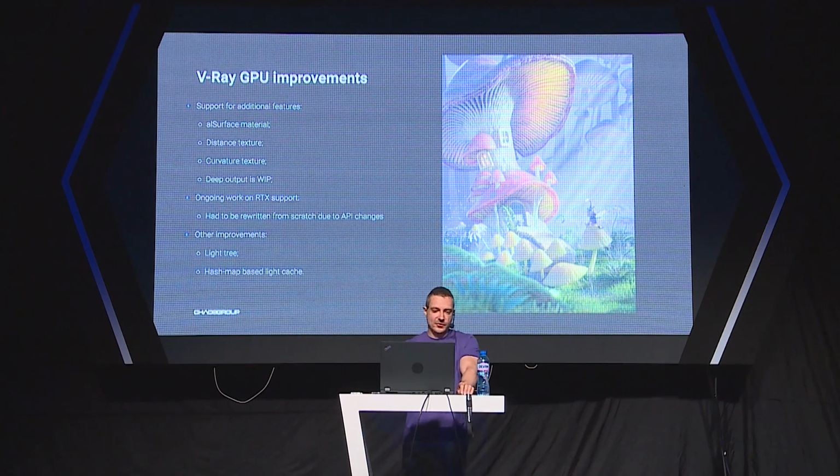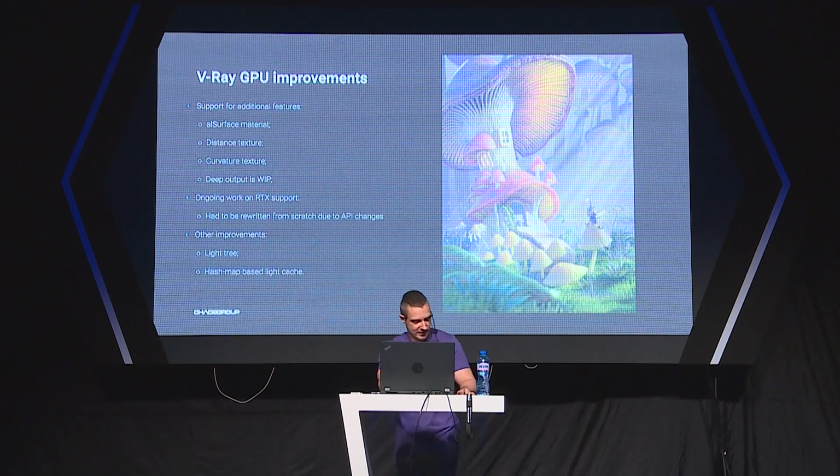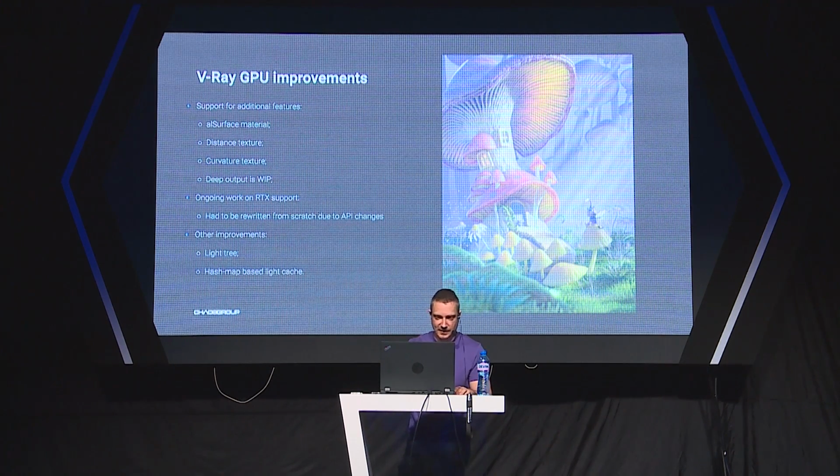At the same time, some of the features that we did for V-Ray CPU were also implemented in V-Ray GPU, like the light tree and the hash map-based light cache.